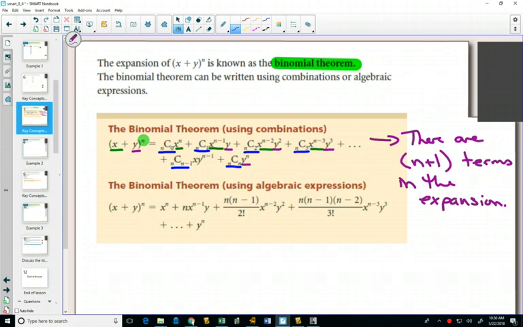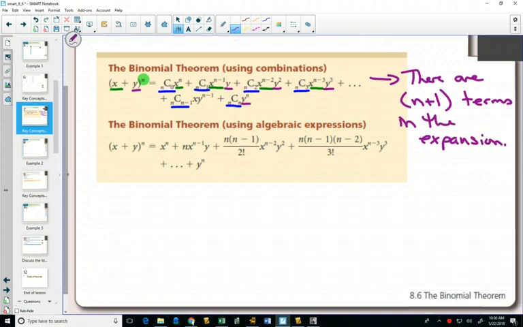Now, on your formula sheet, instead of having this all written out like they have in your textbook here, what your formula sheet has is the following. It has t sub k plus 1 equals n choose k, a to the n minus k, b to the k.